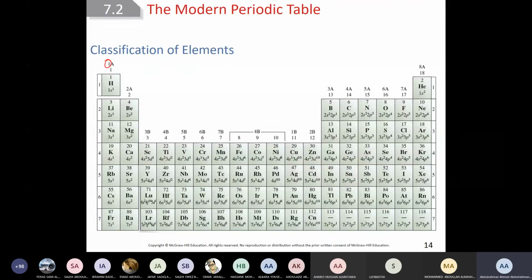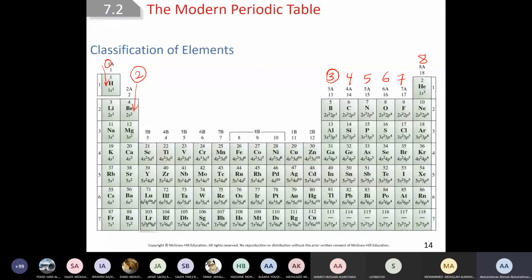Okay, now the valence electrons are actually what's written in here. You should know what's the valence electron of this group. 1. What's the valence electron for this group? 2. For this group? 3. For this group? 4, 5, 6, 7, and 8. I want you to remember these numbers.